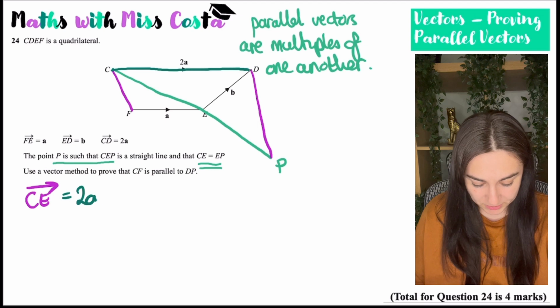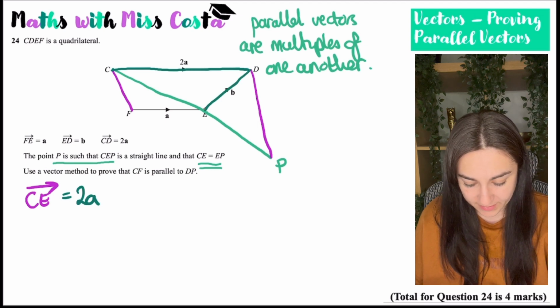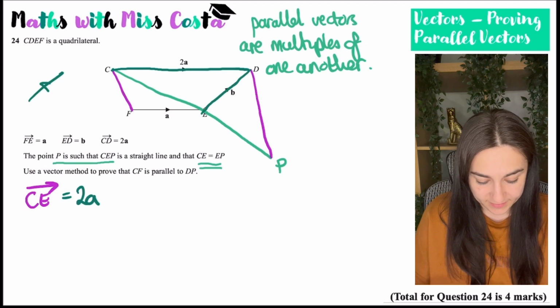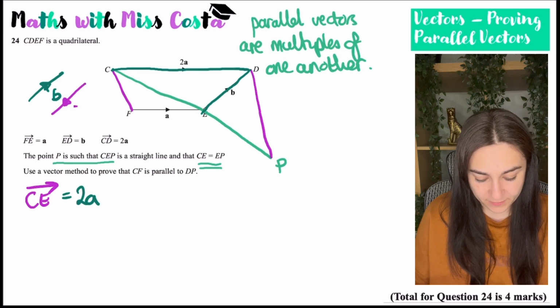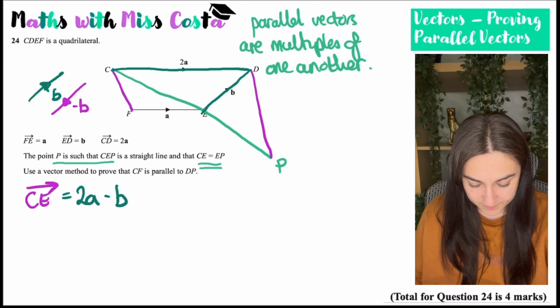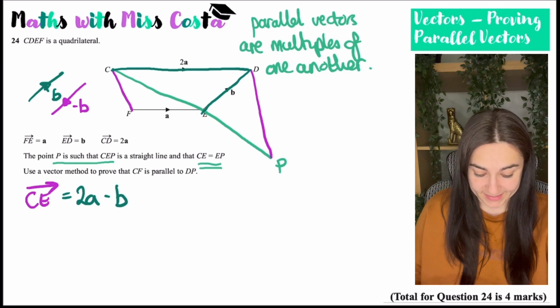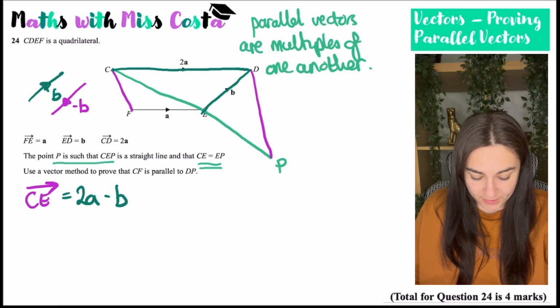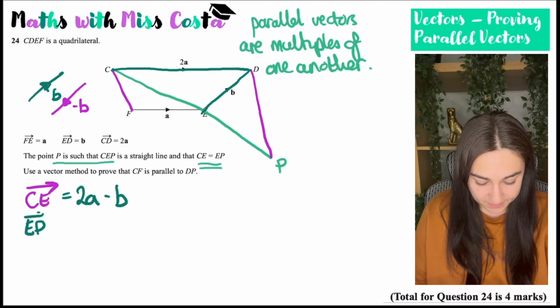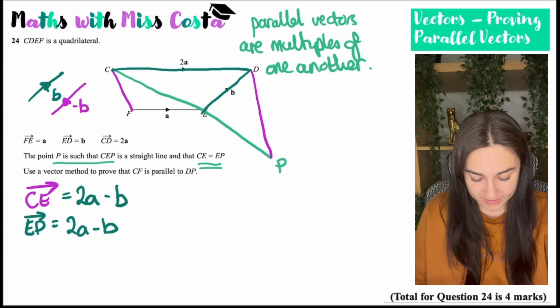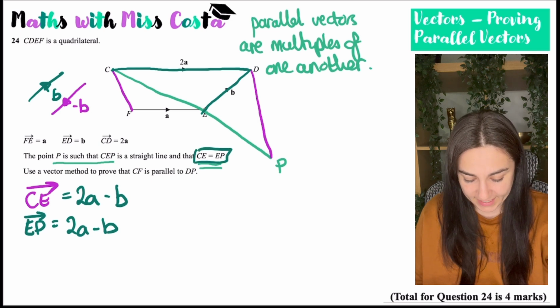So that's going to be 2a. I'm going to have to go down this way. Now this vector going in this direction is b, and because I'm going in the inverse direction, it's going to be -b. So I'm going to write -b. And that's how I get to CE. So if I know that CE is 2a minus b, then EP must also be 2a minus b because I know that they are the same.